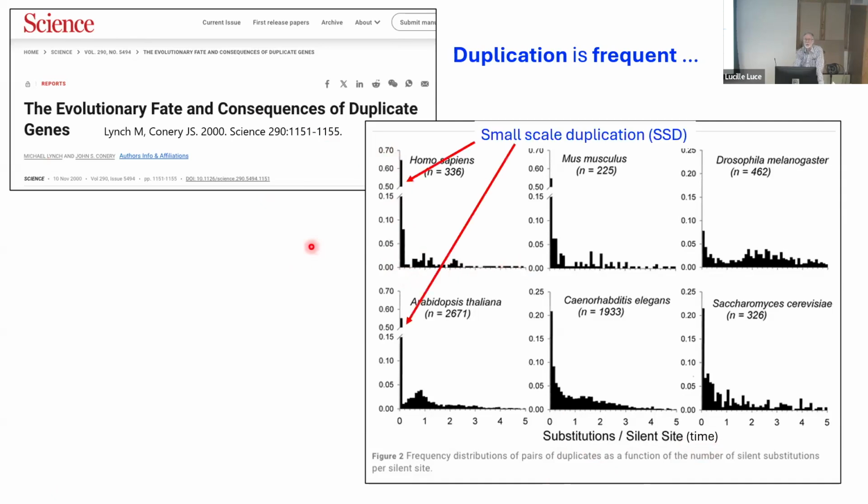These are small-scale duplications, so single genes or a few genes at a time. And what this is showing is that duplication is frequent. You have lots of pairs at time t equals 0, essentially, and not much else beyond that, meaning that these things are duplicating, turning over copy number variation in gene copy number, and then loss almost immediately, okay?